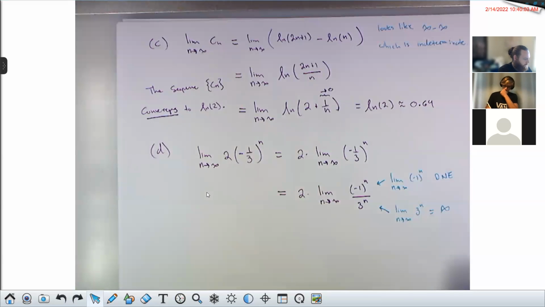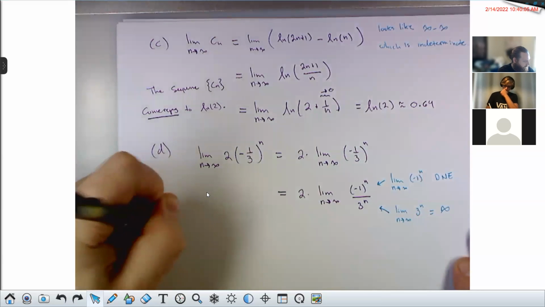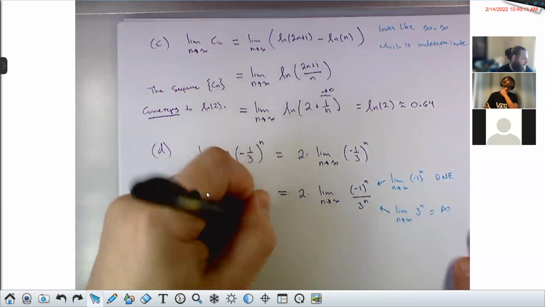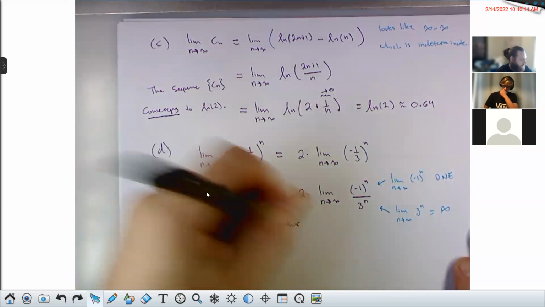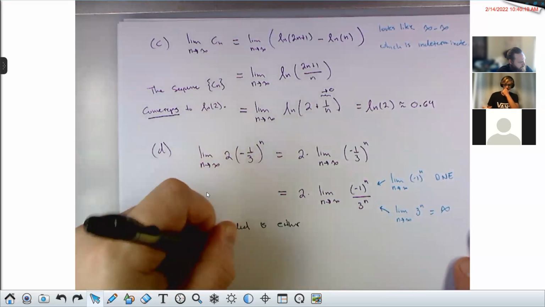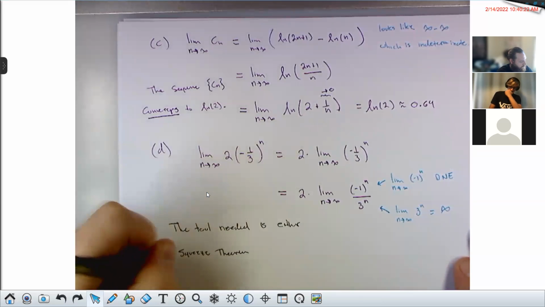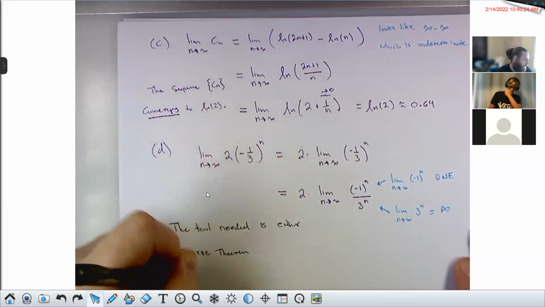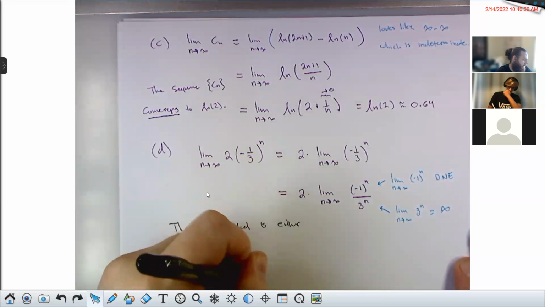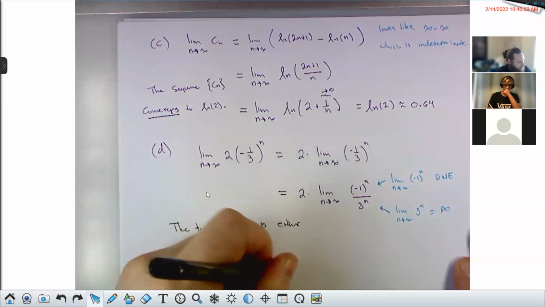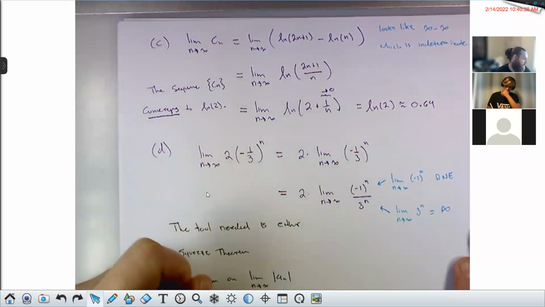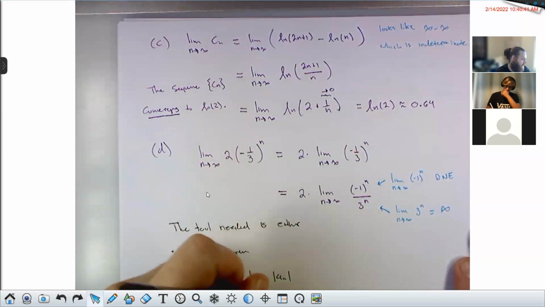So what I'll do here is I will leave this by saying the tool needed is either the squeeze theorem or there's another theorem on absolute values. When n goes to infinity, absolute value of an, both of which will be discussed next time.